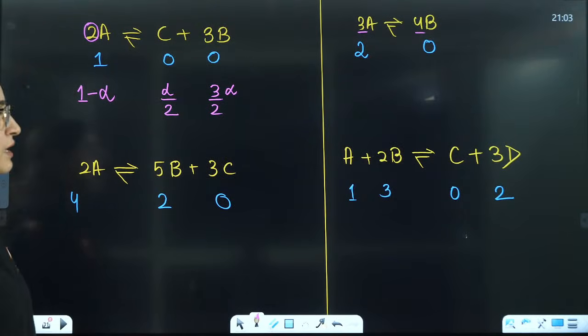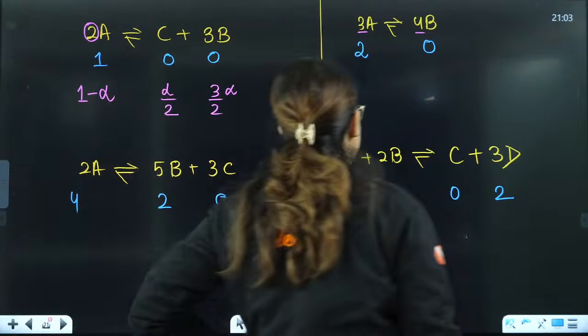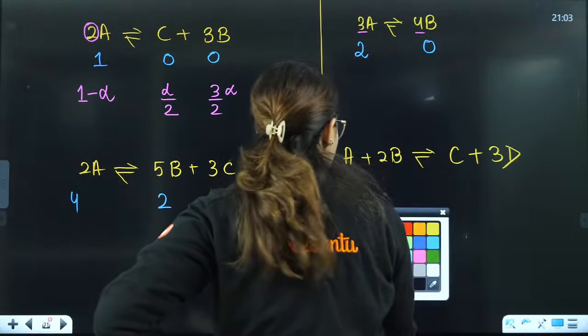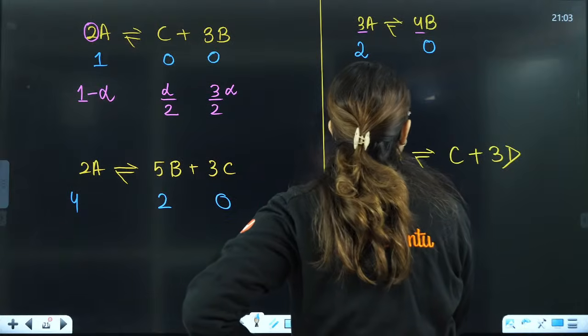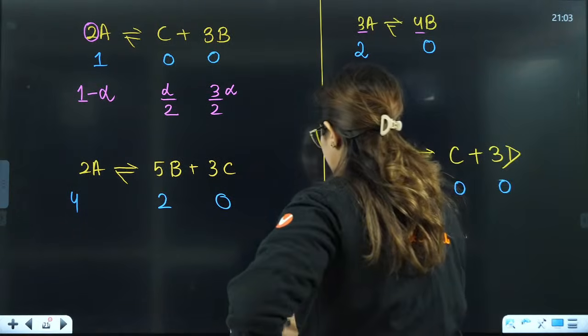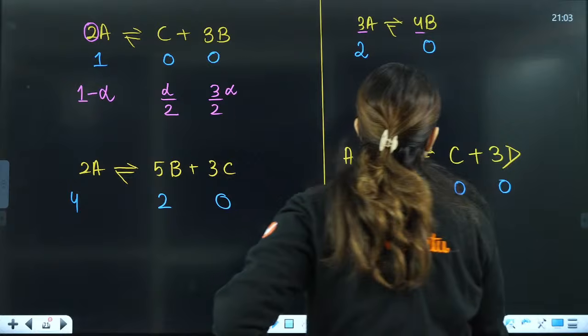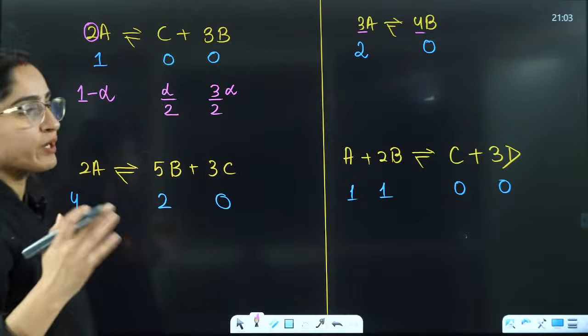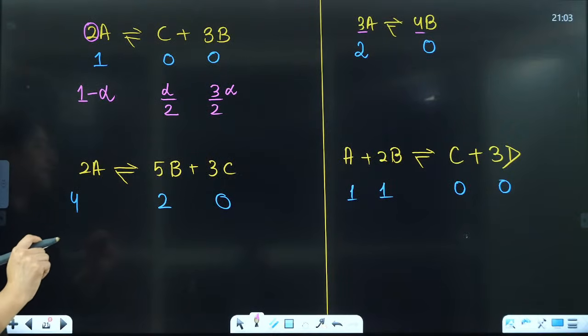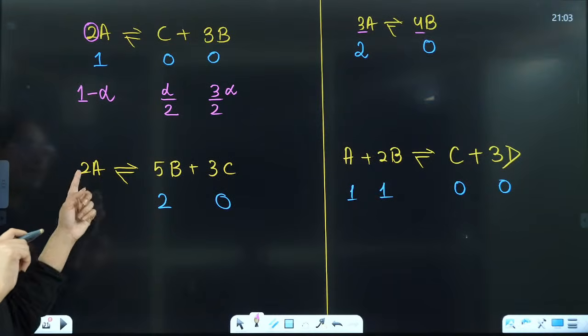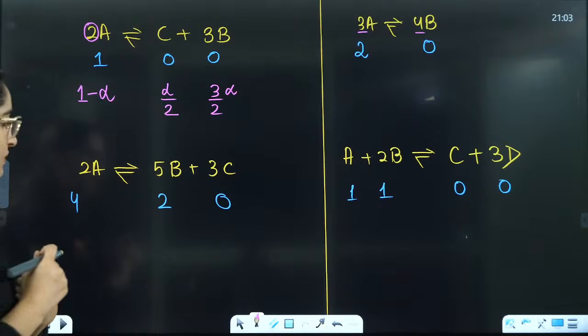That's why I'm saying that initial moles you take as 1. Here also you take it as 1. When you take the initial moles as 1, it becomes a simplified version of what we are doing here. Now see this one thing. Here it is 2A.